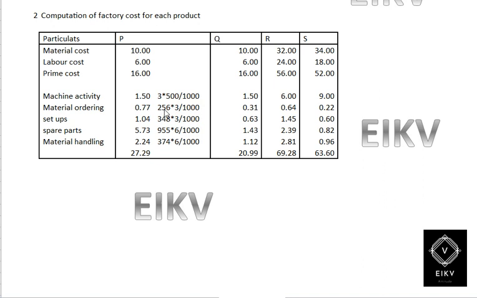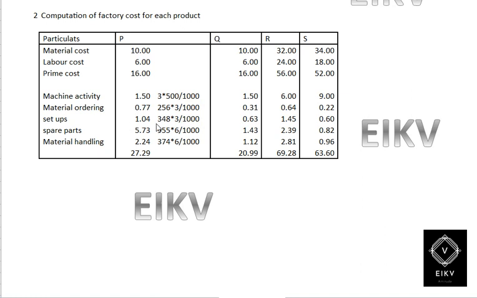Then we have material ordering cost. The material ordering cost driver per unit is 256, and the material orders are 3 numbers. Therefore, multiplied by 3 divided by 1000 will give you the per unit cost of material ordering, which is 0.77.